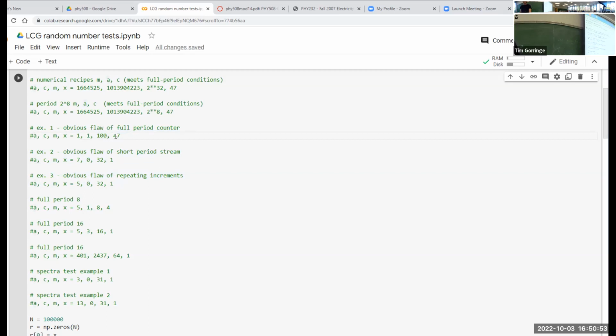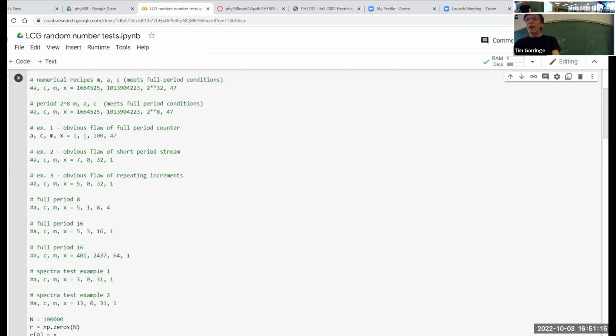So let's go here and define the three parameters of the random number generator. And then X here is the seed value.